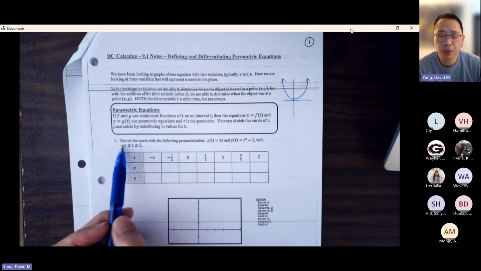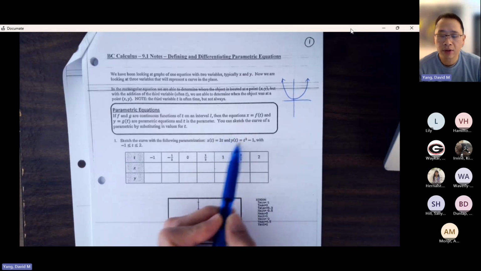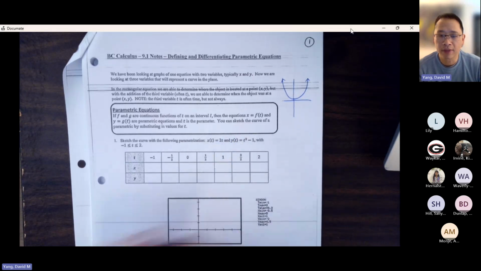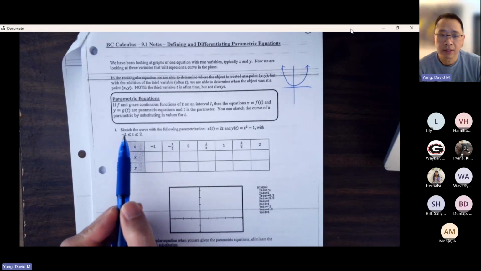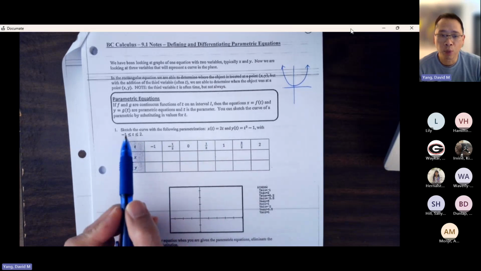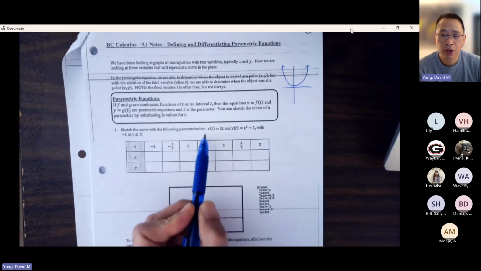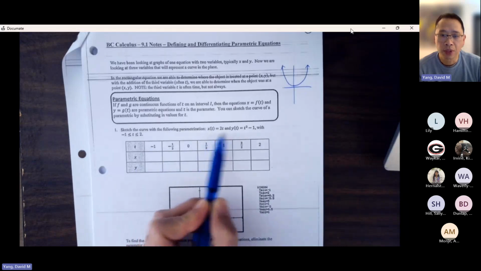So when t is between -1 and 2, we want to know where these x and y values are. The way we do that is we're just going to plug in, starting at -1, for x and y, and figure out when time is at -1, where's the ordered pair? Then when time is at -1/2, where's the ordered pair?